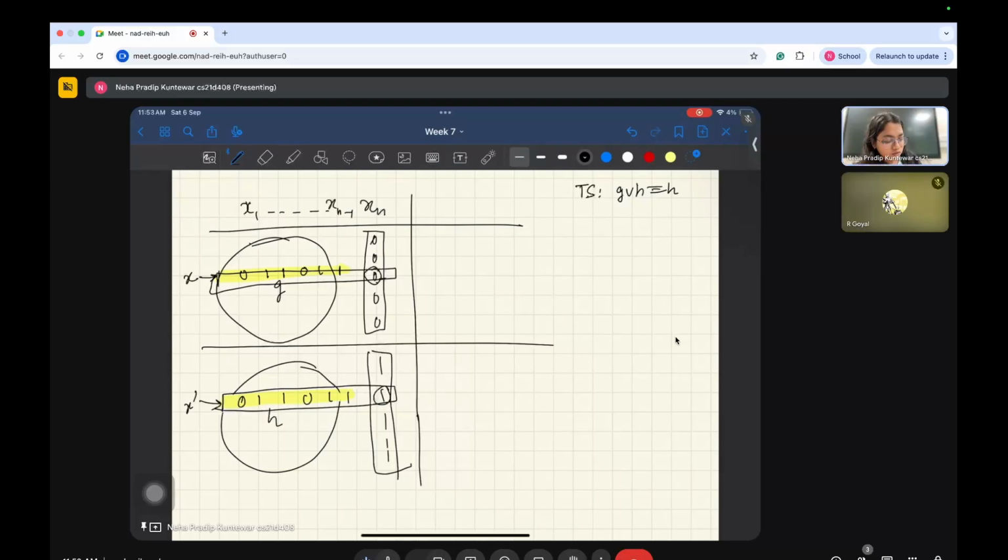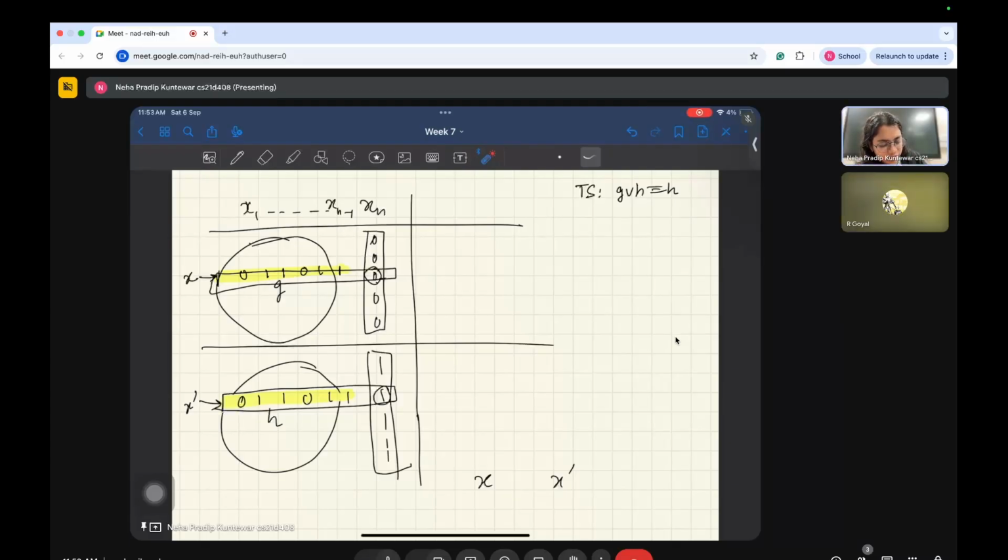So what do we know about the relation between x and x prime? We know that till n minus 1, x is less than or equal to x prime. In fact, it is exactly the same. These are the same, and moreover their transformation is also the same.